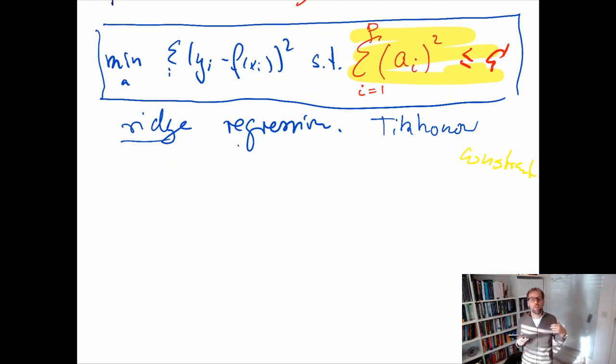Now, constrained optimization is more complicated numerically to do. So people like unconstrained optimization because it's easier. And there are ways mathematically to transform this problem into an unconstrained optimization problem. Now, if you have heard what a Lagrange multiplier is, this should hopefully ring a bell.